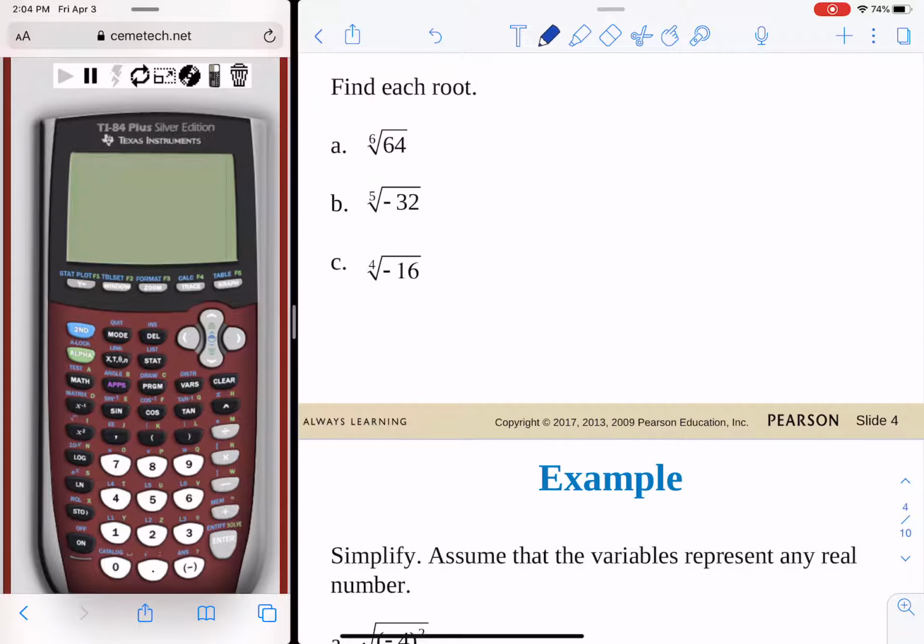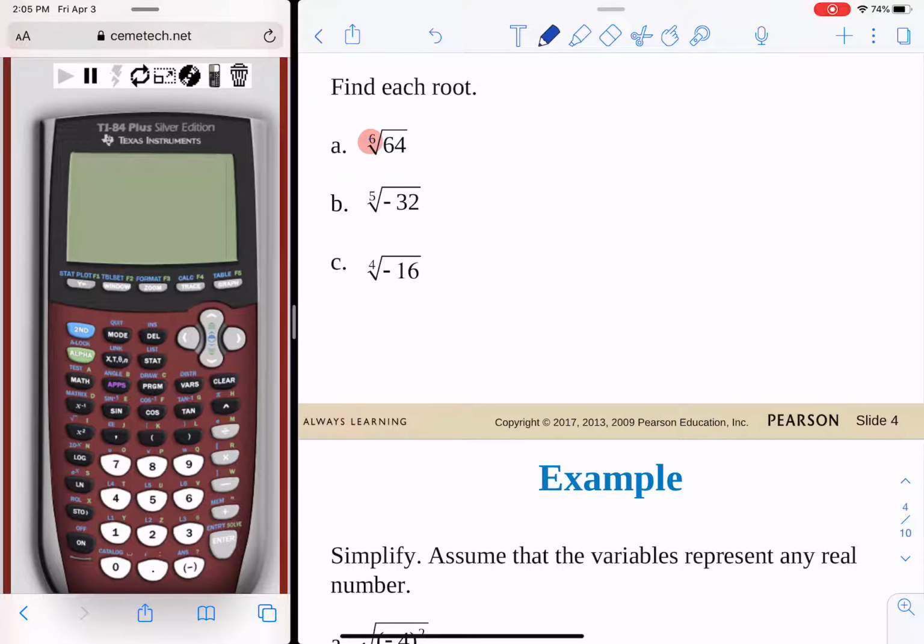We are going to move on to higher order radical expressions, in the sense we're going to go beyond the cube root and the square root. So the key to solving these problems is to look at the radical expression itself. Here, the root is the 6th root.